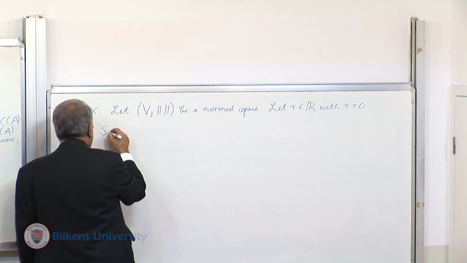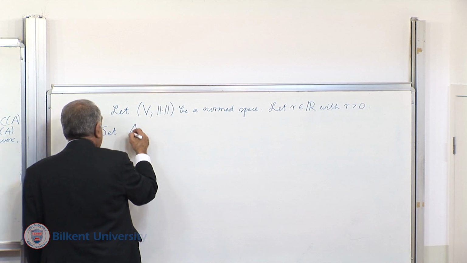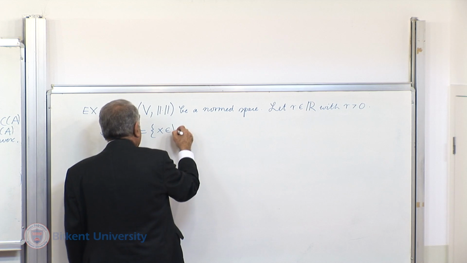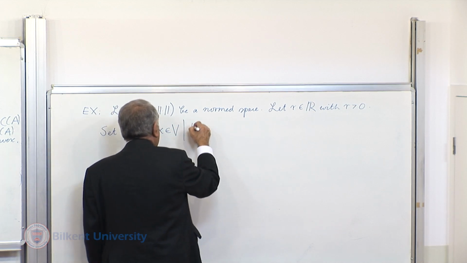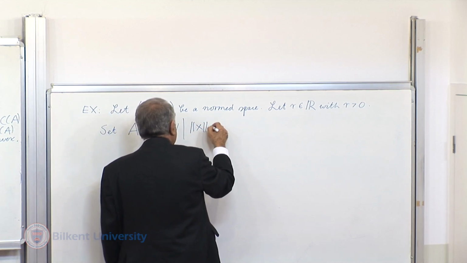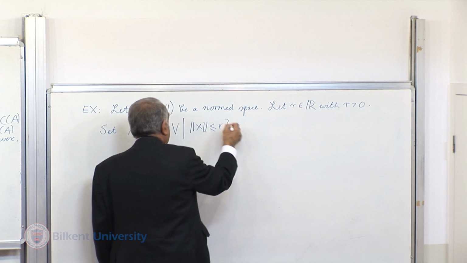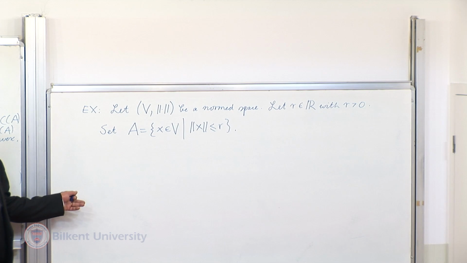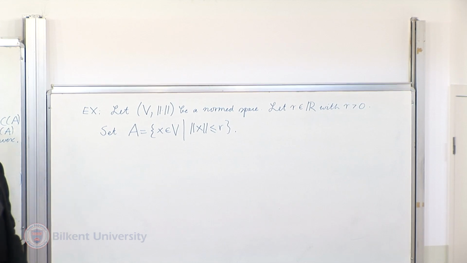Set A equal to the set of all x in V such that the norm of x is less than or equal to R. Is this a convex set in V?